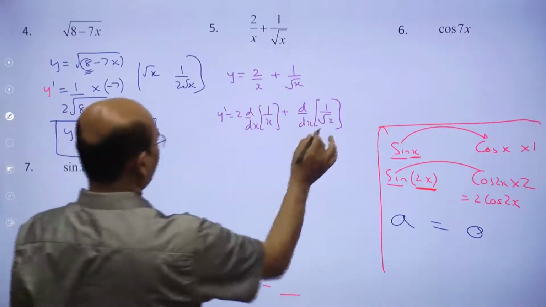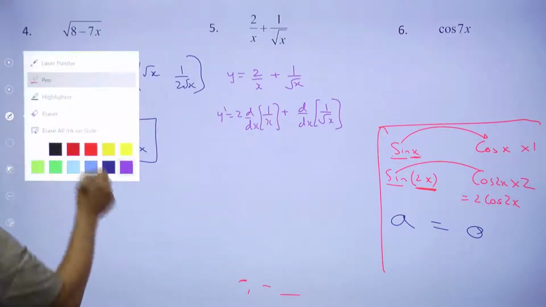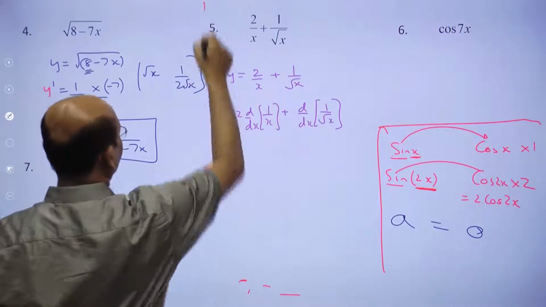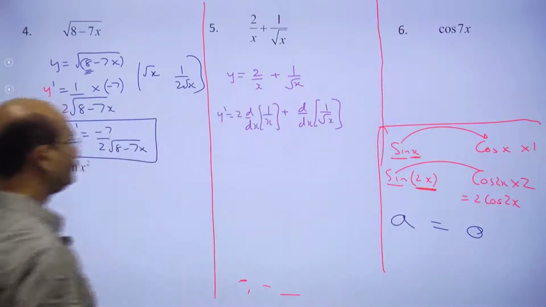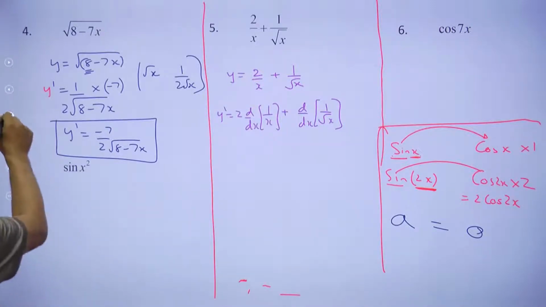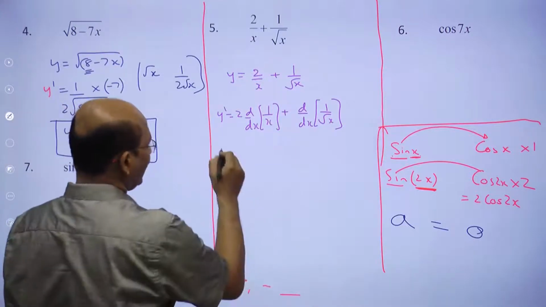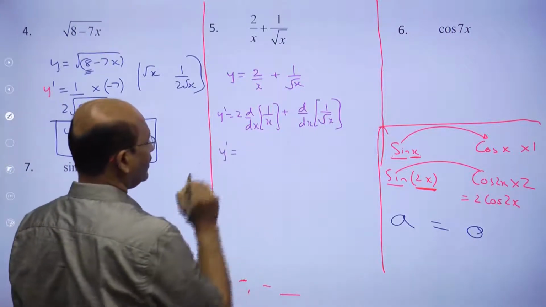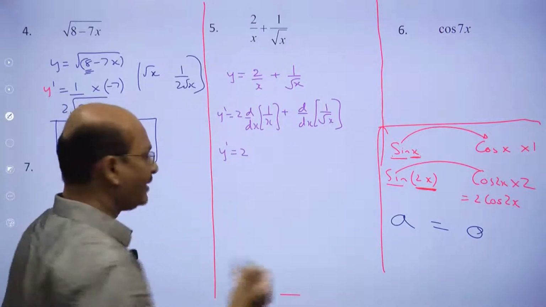Understand? Okay, now look at this pattern here. I'll just divide this out so that you come to know exactly what I am trying to do. Okay, now look at this pattern here clearly. What happens now? Okay, let us see. Y dash will be 2. What is the derivative of 1 upon x, children? Minus 1 by x square.